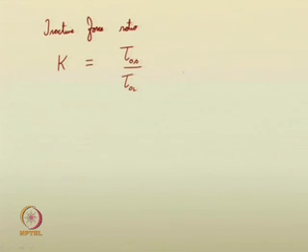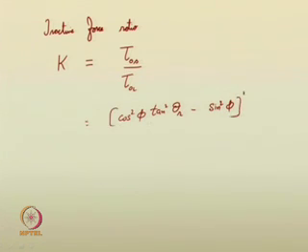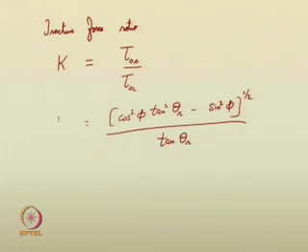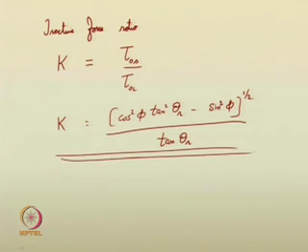What will you get then? Tractive force ratio is equal to cos squared phi (tan squared theta r minus sin squared phi), the whole quantity raised to 1 by 2, divided by tan theta r. So, this is the expression for your tractive force ratio.